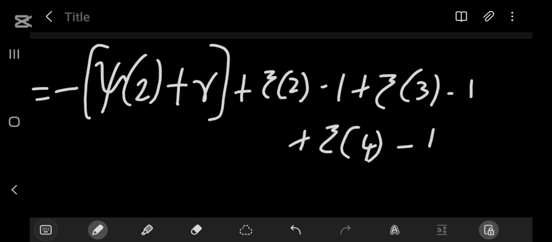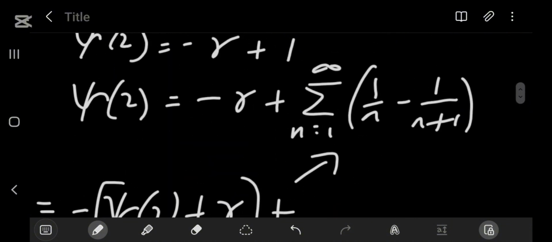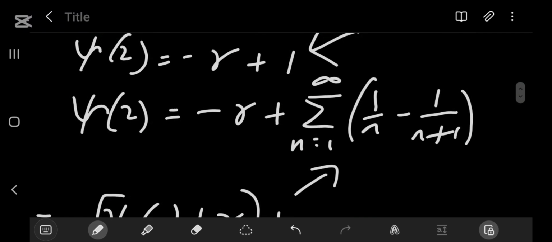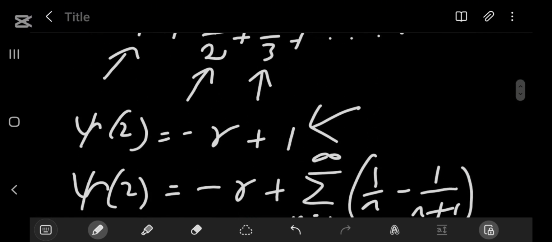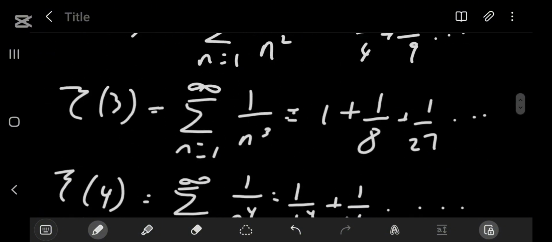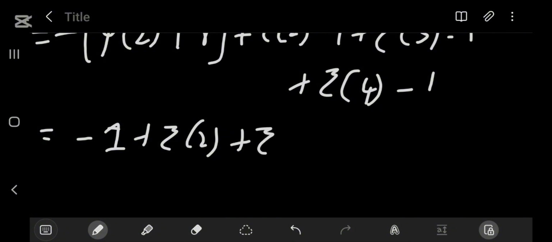Well, we know that digamma of 2 is equal to minus gamma plus 1. So this Euler-Mascheroni constant goes there, and it actually becomes digamma of 2 plus gamma is equal to 1. So we finally can get the answer minus 1 plus zeta of 2 plus zeta of 3 plus zeta of 4.